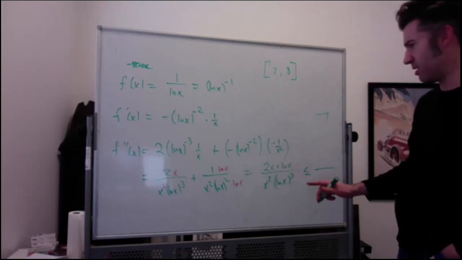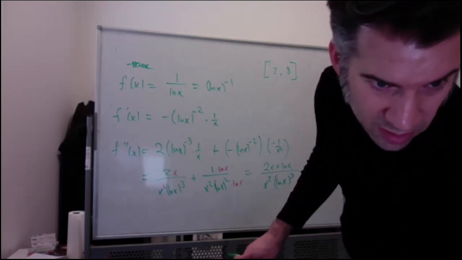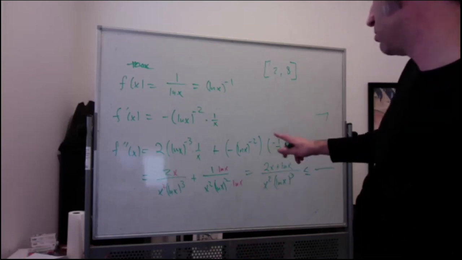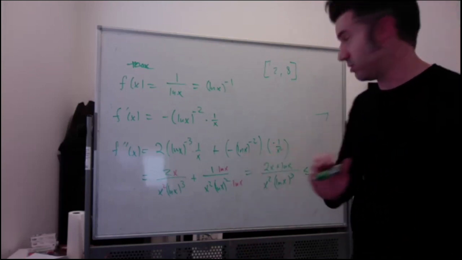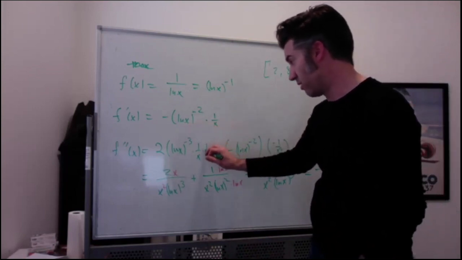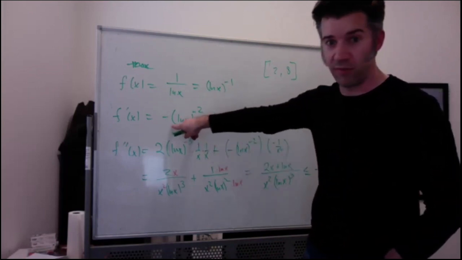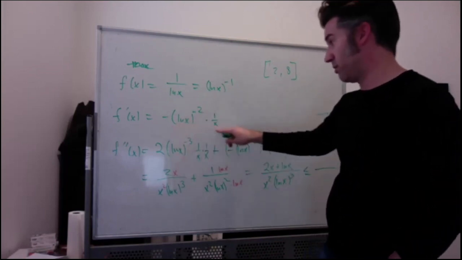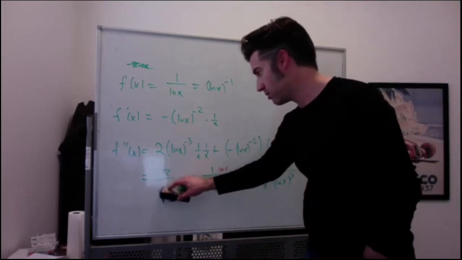I feel like I'm making a small error here. I'm just looking at my notes. Oh, I did make a small error. It's a small one, but I forgot that when I took the derivative of this, I needed to multiply by another 1 over x. I did my chain rule for this, but then it's also multiplied by 1 over x. So I actually didn't need this x here. Sorry about that.